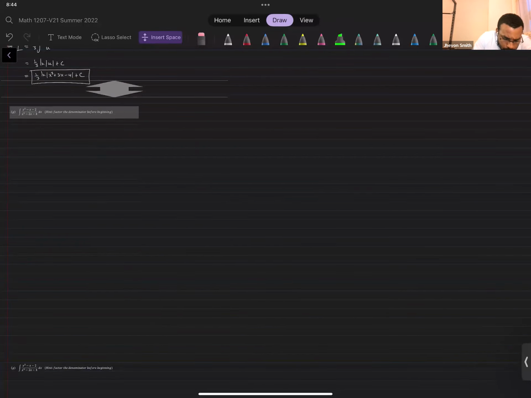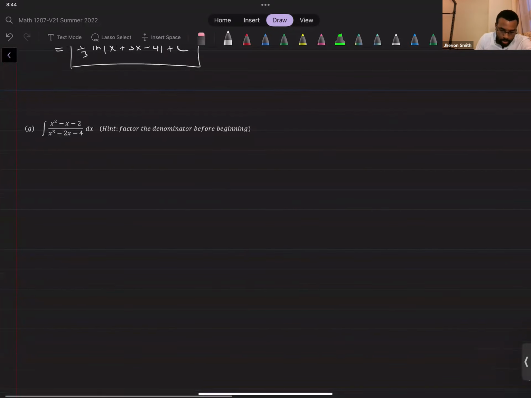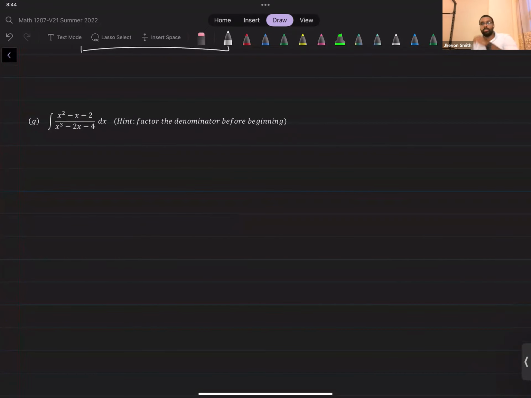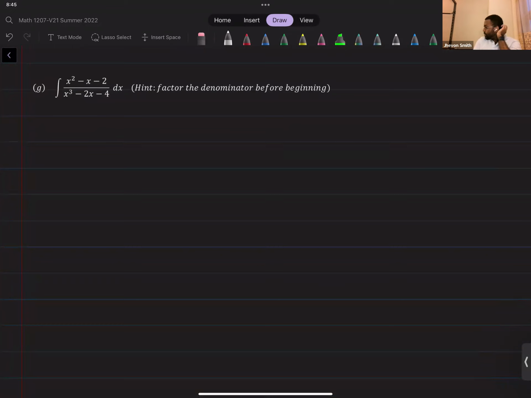This, I believe, is the last example. Going to end tonight with a bang. So this one is going to be a situation where there's something I asked you to look up, the rational roots theorem.